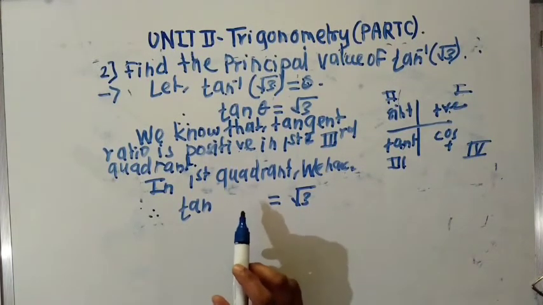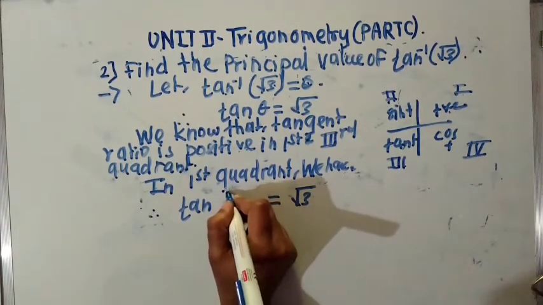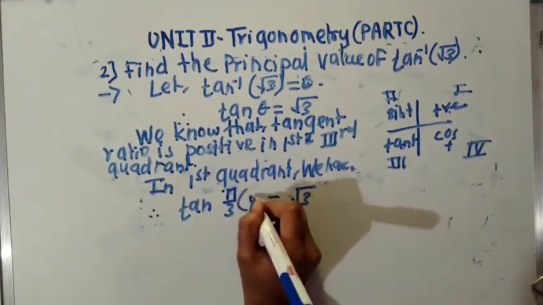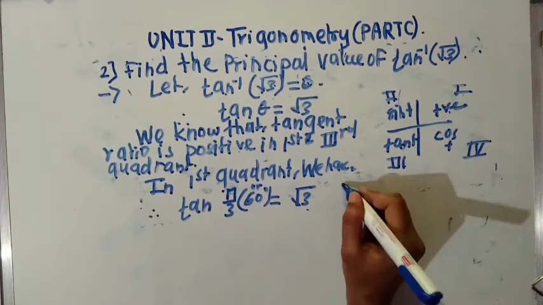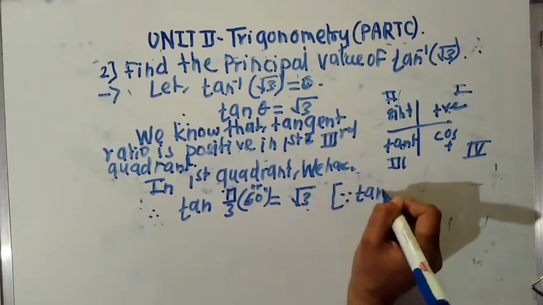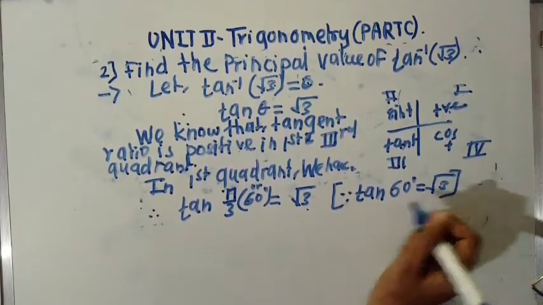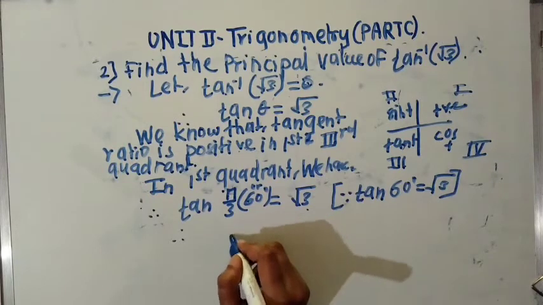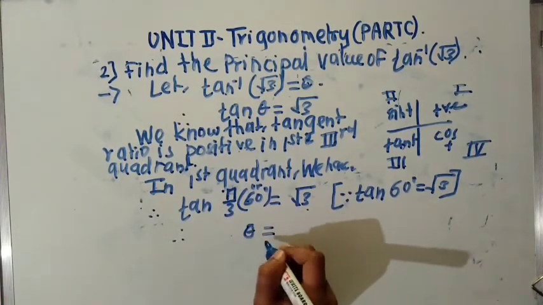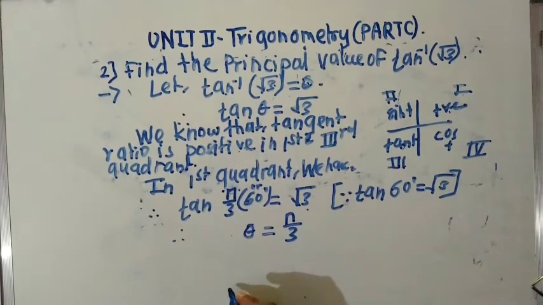In the first quadrant, tan pi by 3 or 60 degree is equal to root 3, since tan 60 degree is equal to root 3. Hence theta is equal to pi by 3 or 60 degree.